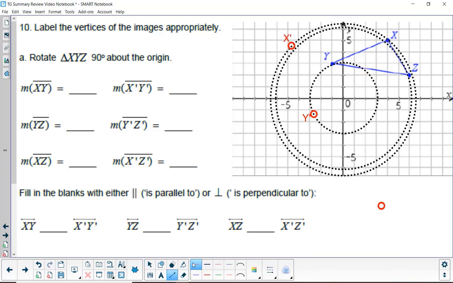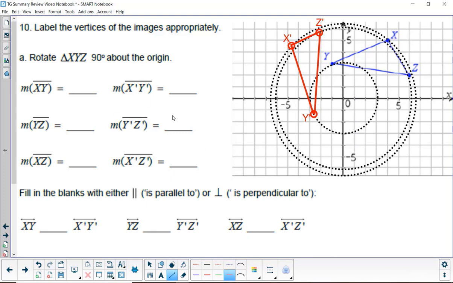And then finally for Z to make Z prime. So again, here to here, 90 degrees counterclockwise. On the inside circle, and that'll be where Z prime is going to be. And so there is our image rotating 90 degrees about the origin.